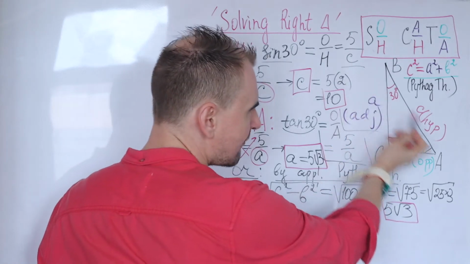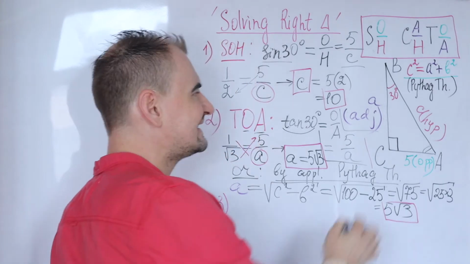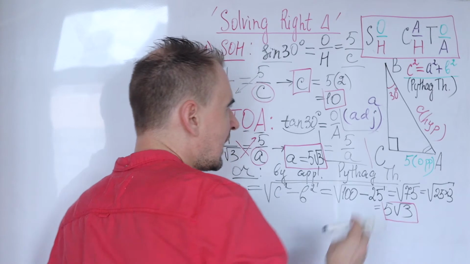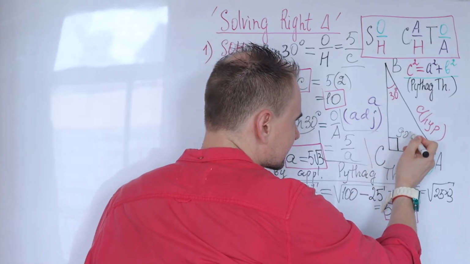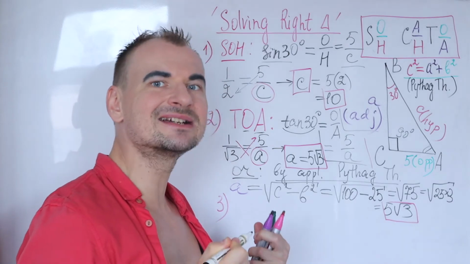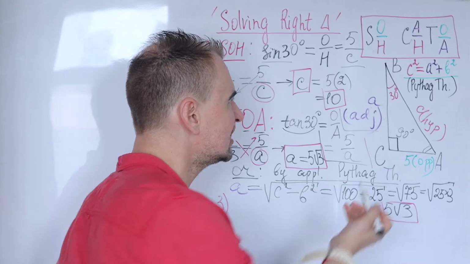So the sum of all angles is 180 degrees. Since this is your right angle, this is a 90 degrees angle, since you are given a right angled triangle, or for short a right triangle.